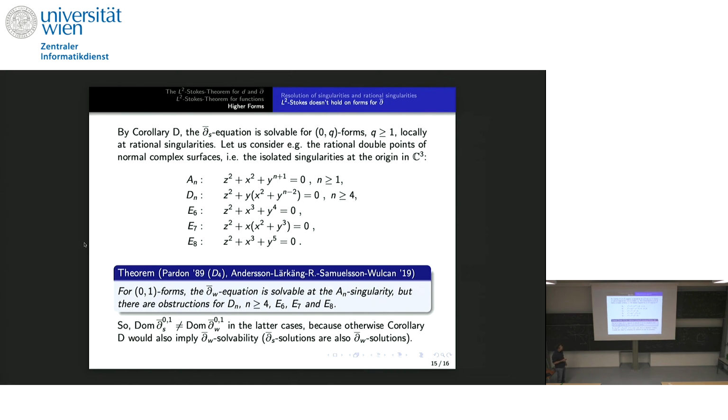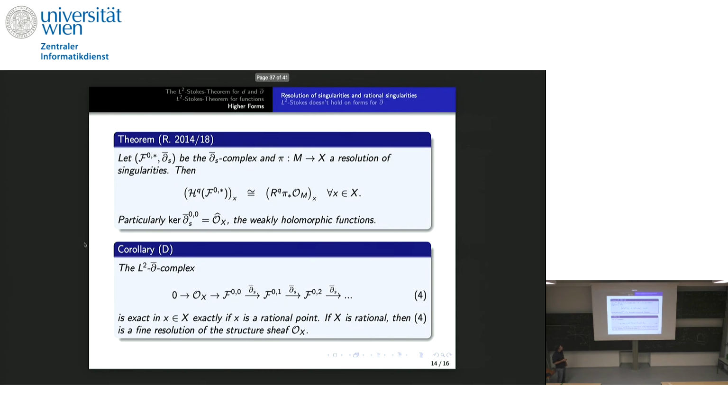Maybe one last word. The d-bar S equation, this is the only missing slide that I just skipped. The L2 d-bar S complex is exact in a singular point exactly if the point is rational.